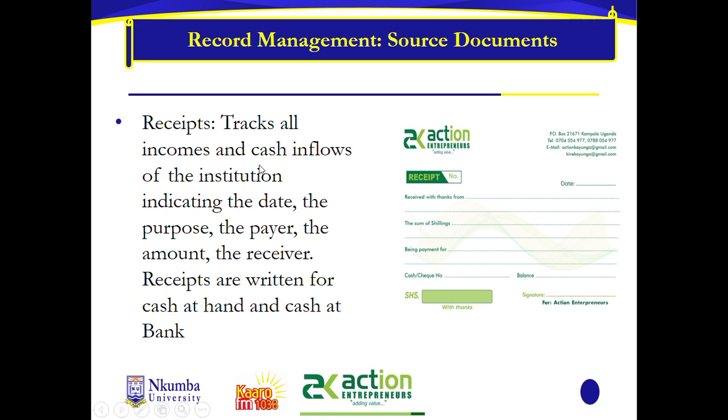We always in accounting differentiate cash flows from income. Cash can flow in which is not necessarily an income. For example, loans are not incomes, but they are cash inflows because we treat them as liabilities.